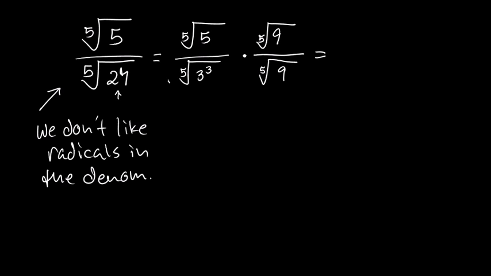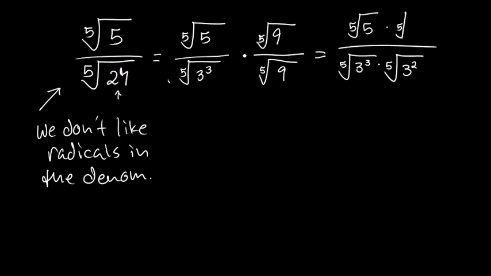So I'm not doing anything too funny and not anything illegal. So what happens in the bottom? If I have the 5th root of 3 to the 3rd and the 5th root of 9, which is 3 to the second, fifth root of 5 times the fifth root of 9.